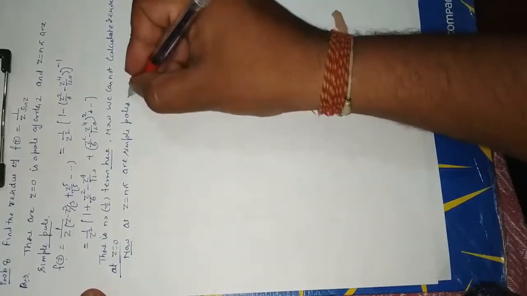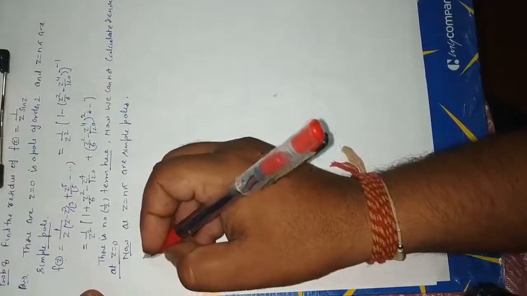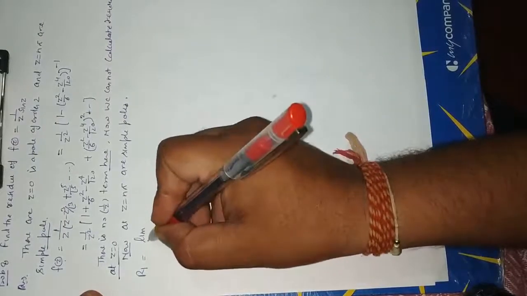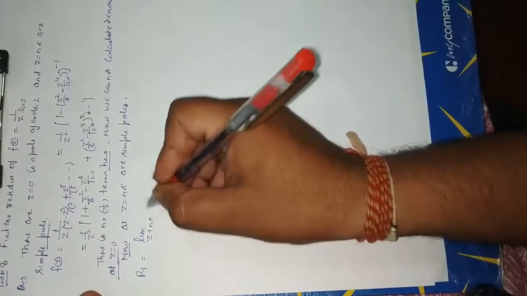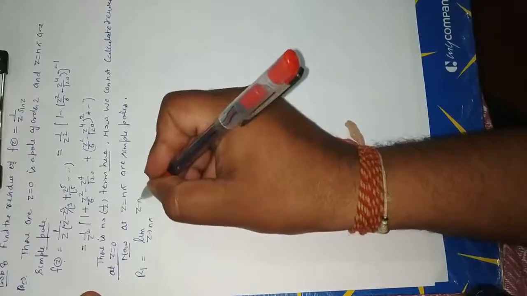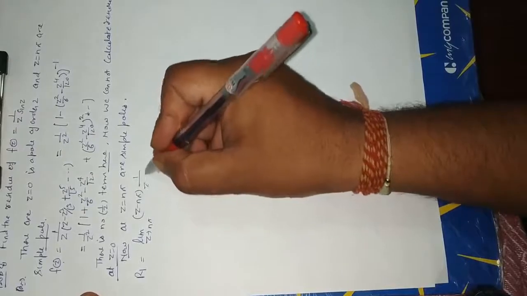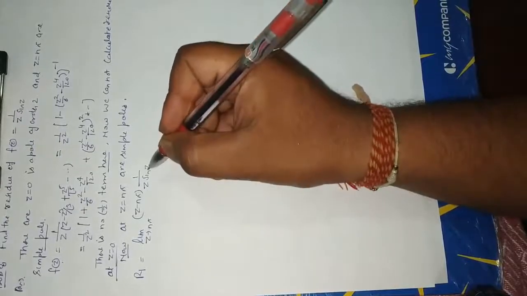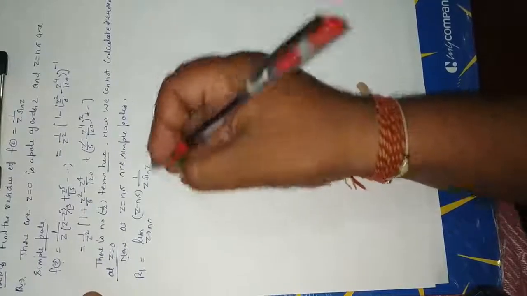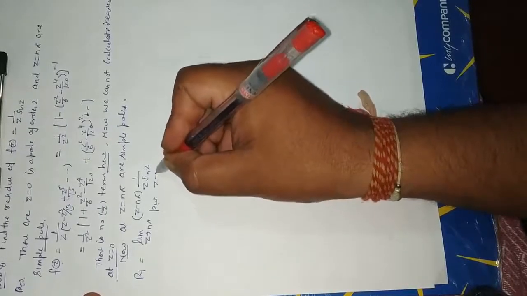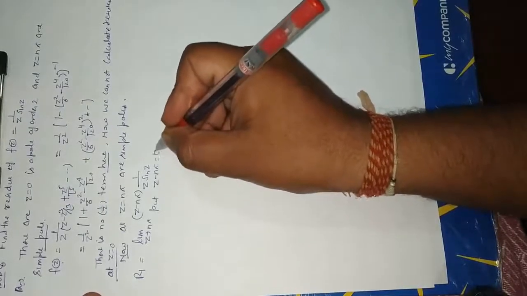We can calculate residue at z is equal to n pi. Say R1 is equal to limit z tending to n pi, z minus n pi f(z), that is z sin z. Now put z minus n pi is equal to t.